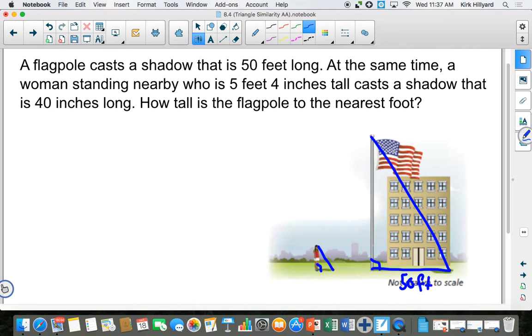At the same time, a woman standing nearby who is 5 feet 4 inches tall, casts a shadow of 40 inches.